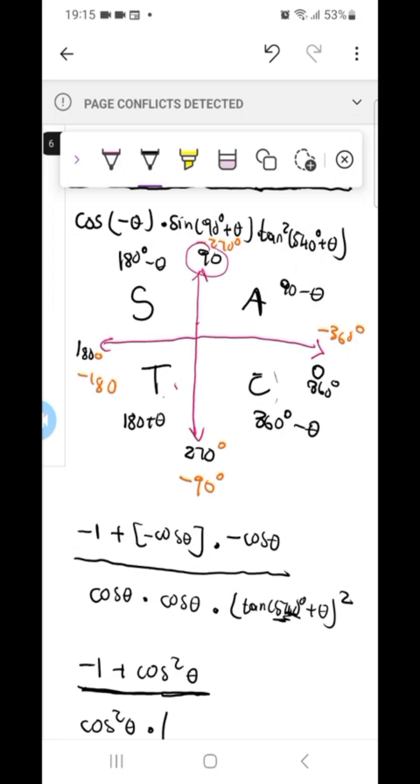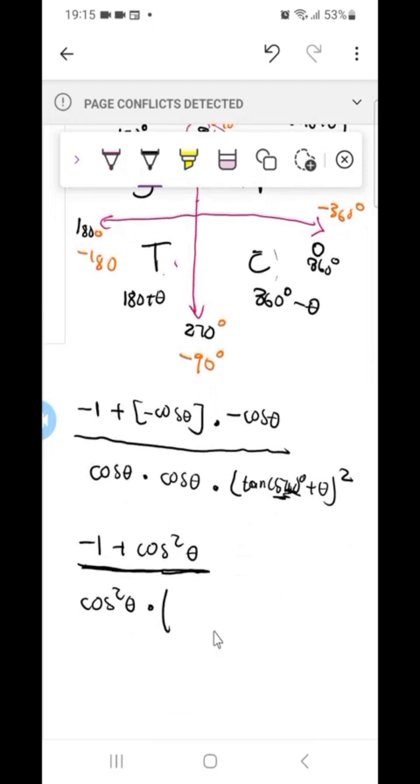If you say 540 minus 360, you end up getting 180. So you will have 180 degrees plus theta. So this thing here is essentially equivalent to tan of 180 degrees plus theta, and then you square that.